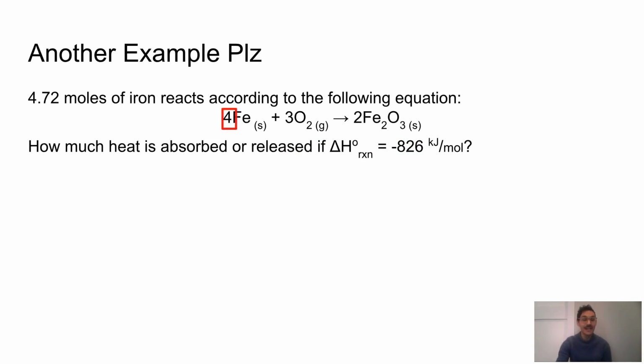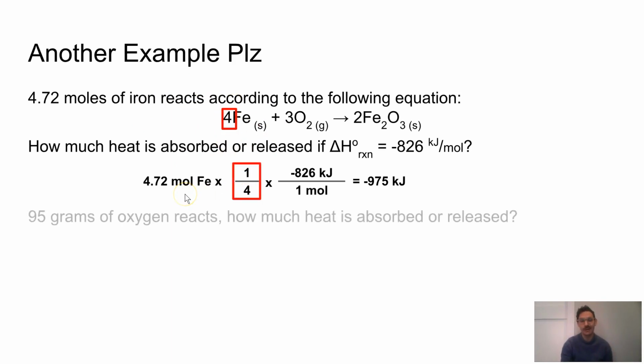But we also have to take into account this 4 that goes along with our iron in our balanced equation. So before we can multiply our moles of iron by the enthalpy of reaction, we have to divide that by 4 because our coefficient is 4 here. We need 4 equivalents of iron to make this go down.